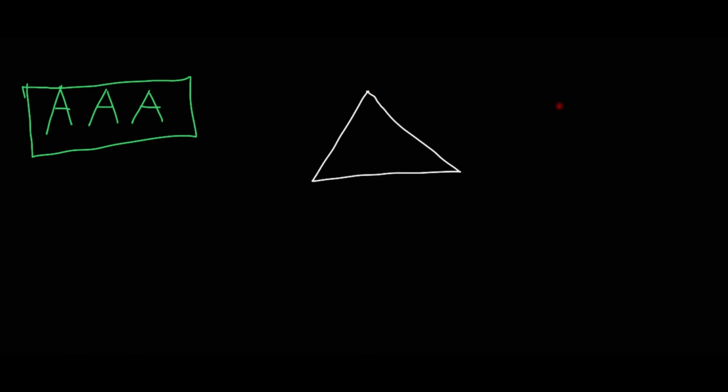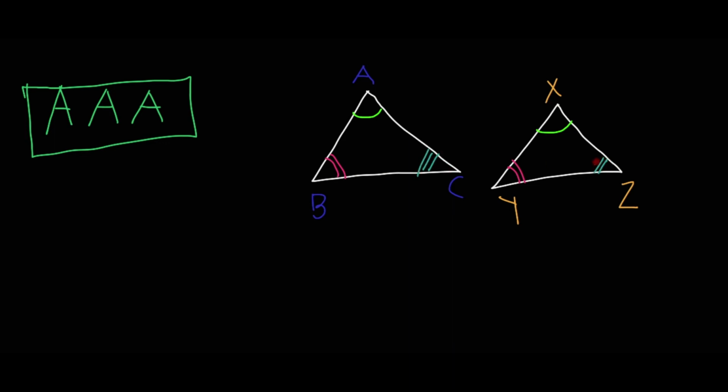Re la gore angle. Let's say if re na le two triangles, and then let's say this is triangle ABC, and then this one ke XYZ, and then let's say this angle e lekana le this angle, and then let's say this one e lekana le this one, and then let's say this one e lekana le this one.